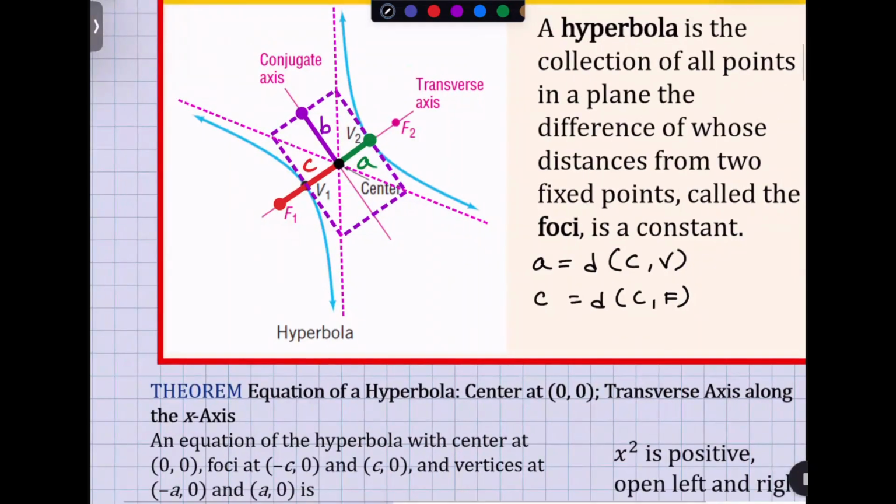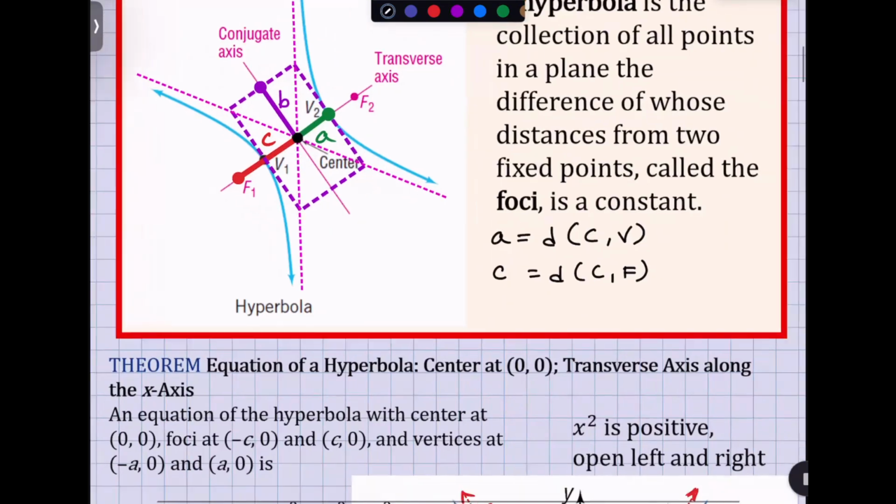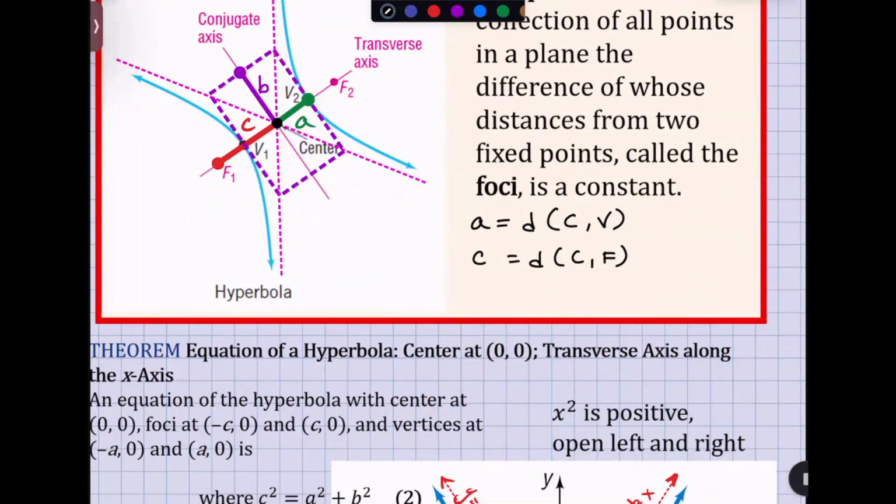Now this has a different relationship. In this case, c squared is equal to a squared plus b squared, where the other one, c squared, was equal to a squared minus b squared.